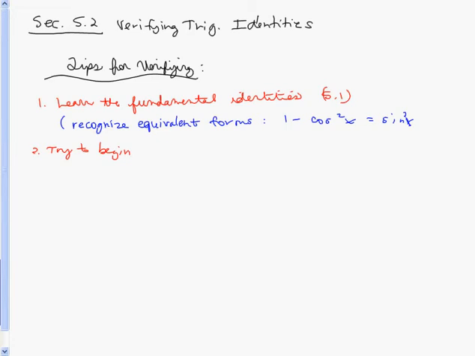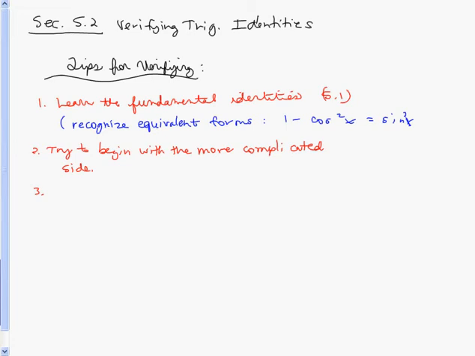So learn those identities. Number 2, you need to try to begin working your problem from the more complicated side. It's going to be easier to take something complicated and simplify it than it is to take something simple and make it complicated. So try to begin with the more complicated side of your equation.